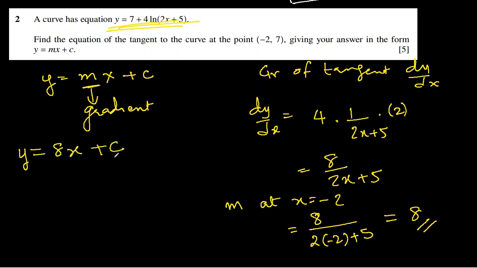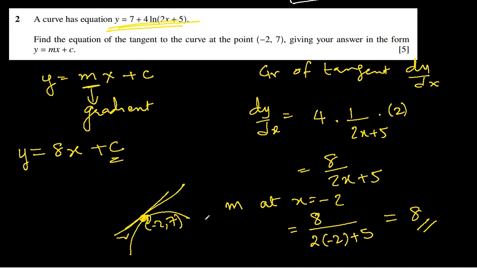Now the only thing is that we have to find c. And this point minus 2, 7 lies on the tangent, right? Because if this is the curve, this is the tangent, and the point where this tangent touches is minus 2, 7. So this point lies on the tangent.